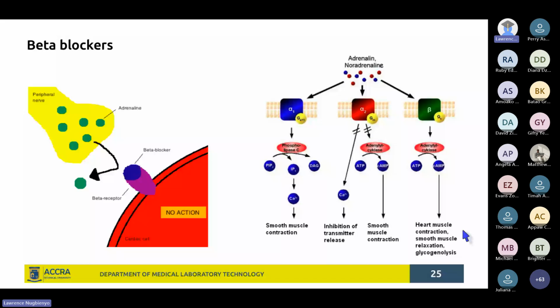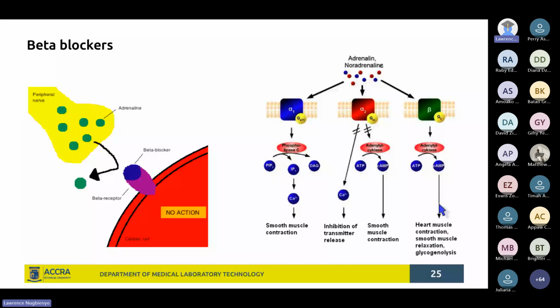Of course, this also acts in the process of glycogenolysis because it promotes the breakdown of glycogen in the liver to generate energy, because that's what adrenaline does. Adrenaline and noradrenaline promote glycogenolysis.